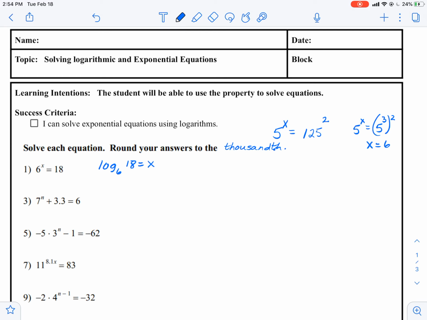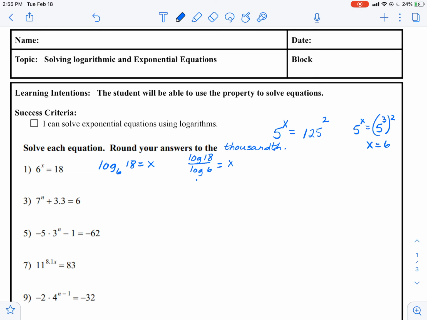Now, since I have it this way, I can do our change of base property and just run that in my calculator. If you get your calculator out, let me get mine out here real quick. We have log of 18 divided by log of 6.